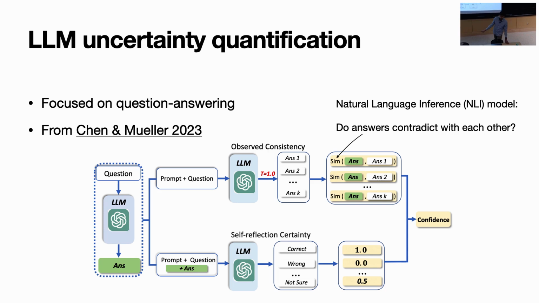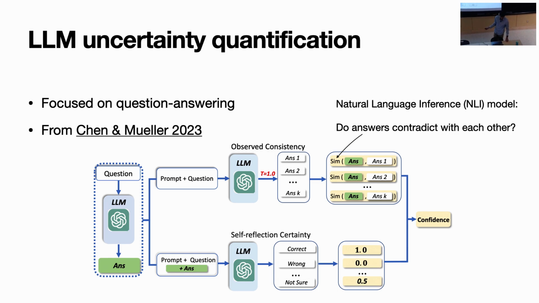So yet another machine learning model that's trained to do a slightly simpler task, which is take in two pieces of text and determine whether or not they contradict each other and give a score associated with that. We can run this NLI model on the original answer paired with the first example answer we generated, the second one, and so on. And we get a whole bunch of scores there, and then we can average those, and that gives us one component of a final score, right?